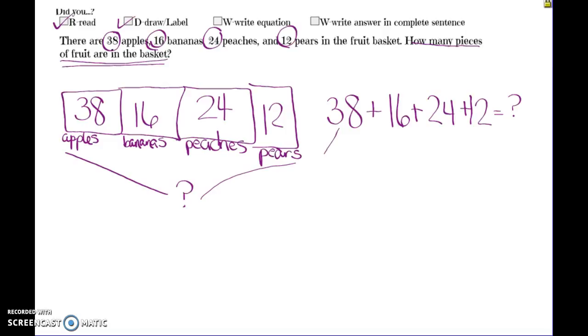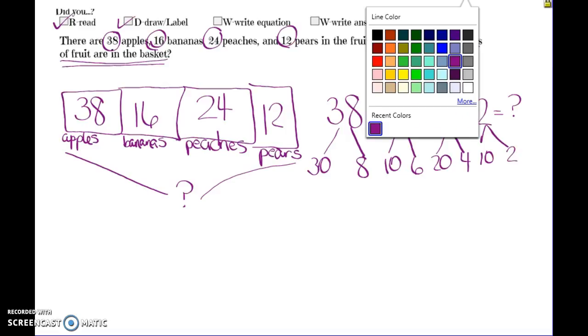I know that 38 would decompose into the number bond 30 and 8. 16, I know that I have 1 ten and 6 ones. In 24, now I have 2 tens, which is 20, and 4 ones. And then in the number 12, I have 1 ten and 2 ones.